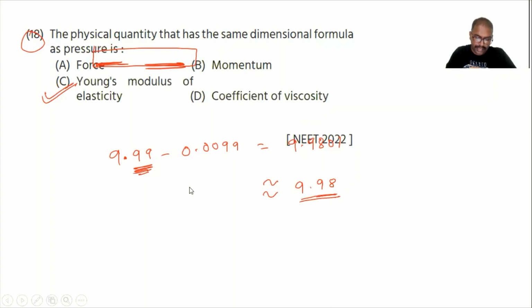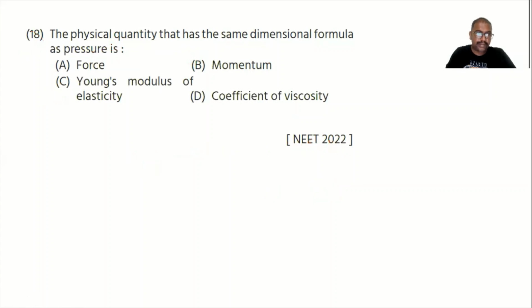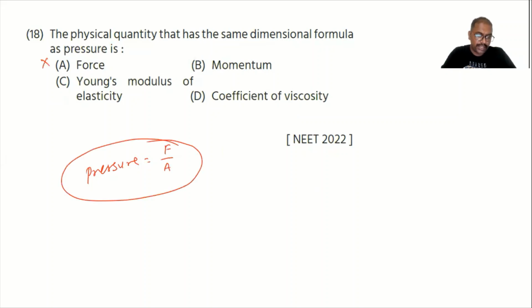Now question number 18. The physical quantity that has the same dimension formula as pressure. Pressure formula is F by A, means dimension of pressure we can write down by this. So in the options, momentum is also not coming here, but the Young's modulus.